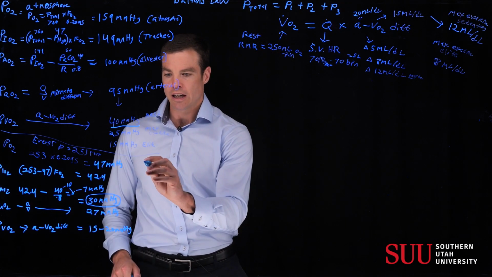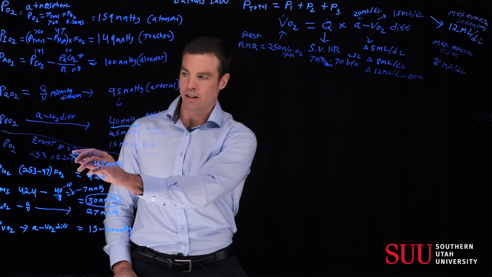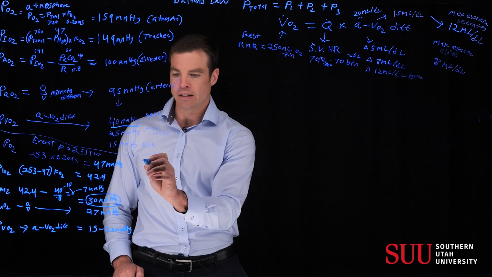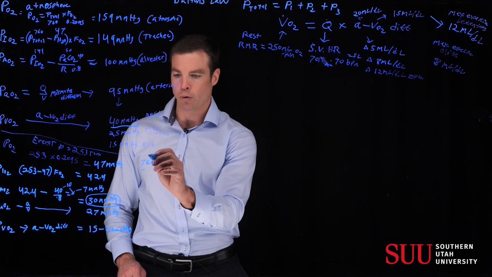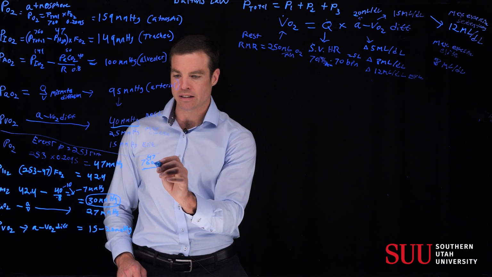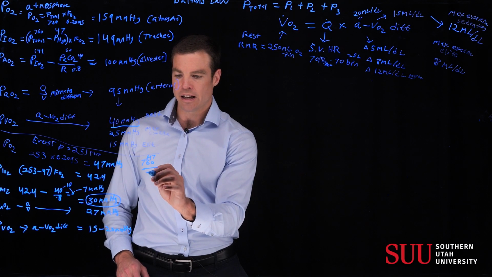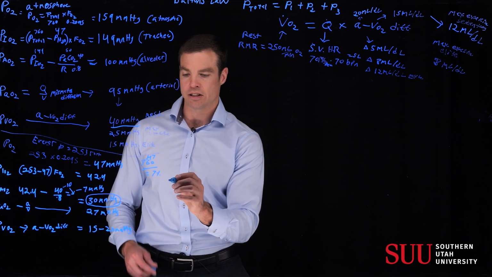In fact, if we did the math on this, if the partial pressure of oxygen is 47 at Everest, then we could simply go 47 divided by 760, and put that into percent, and you're going to get around 7% oxygen.